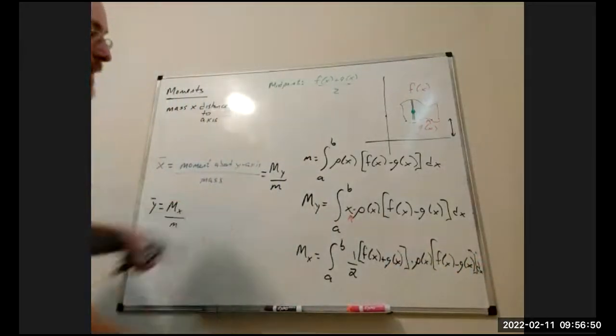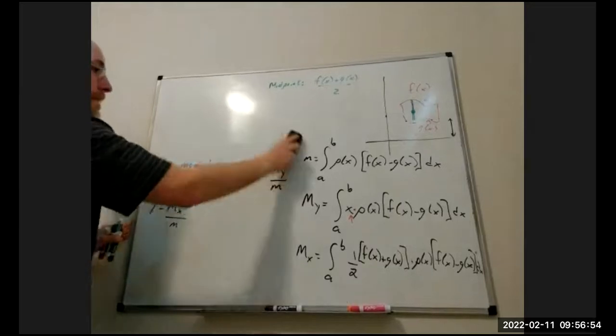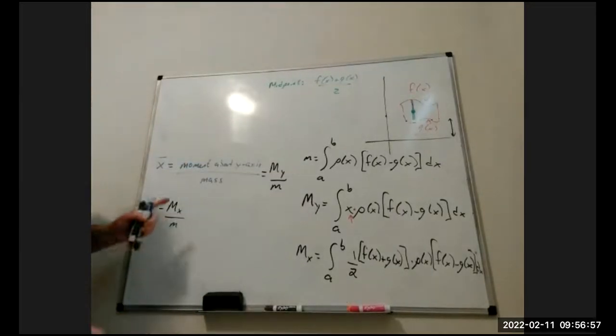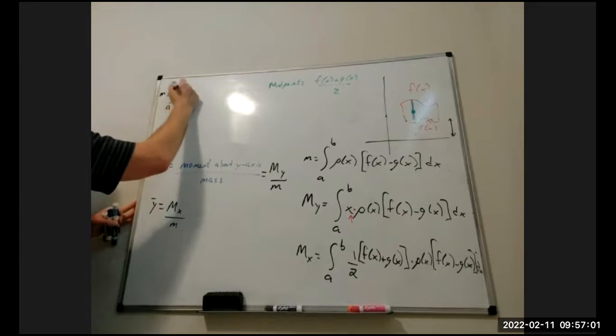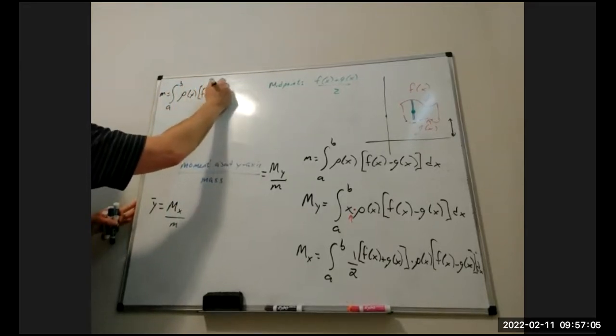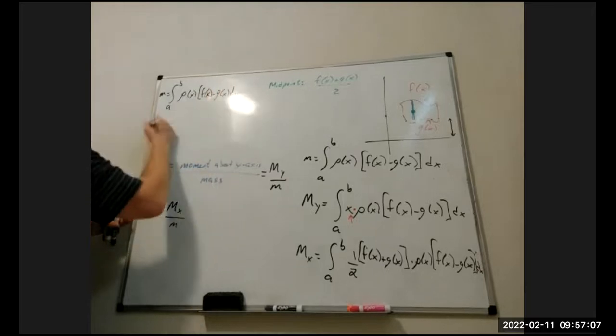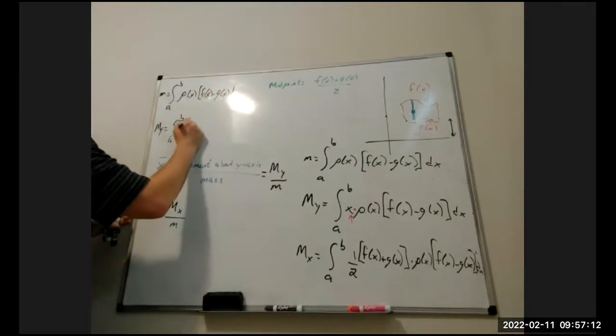Now, don't box that yet, because I'm going to make that a little bit nicer. I'm going to rewrite them all up here just so that we've got them all together. So the mass is the integral from a to b of rho times f minus g. The My is the same thing, except with an x times it.